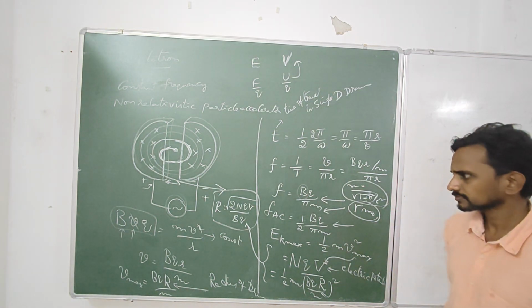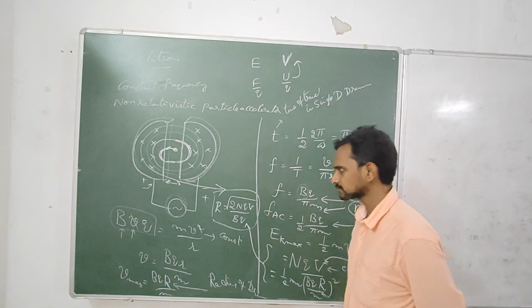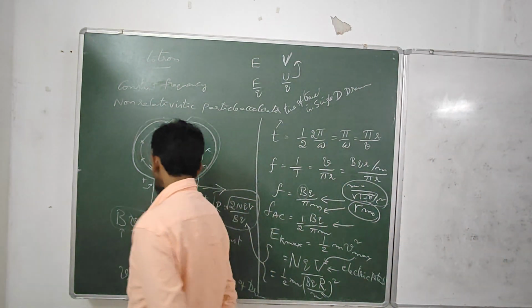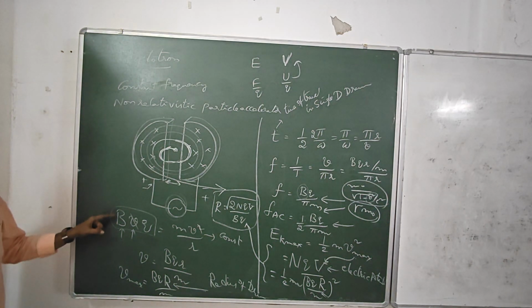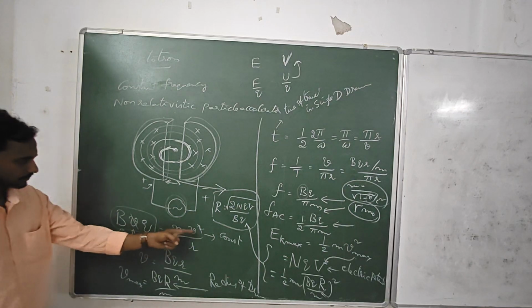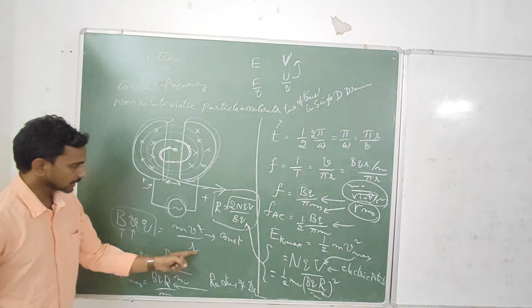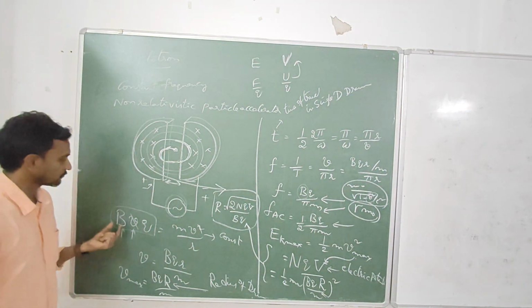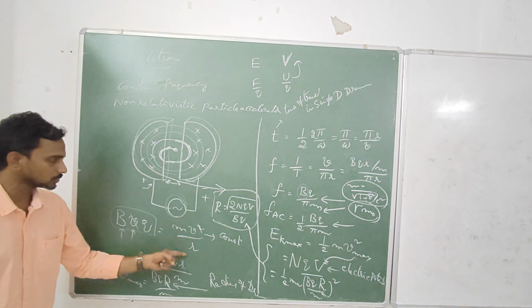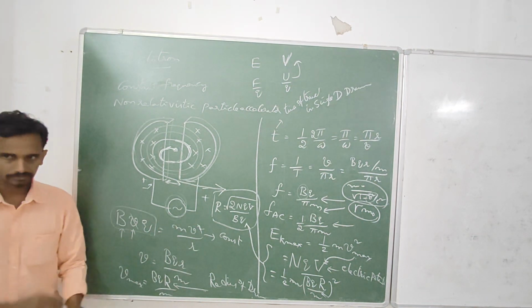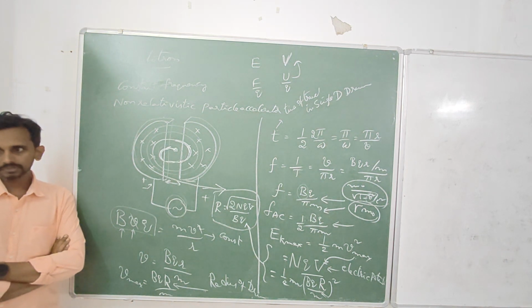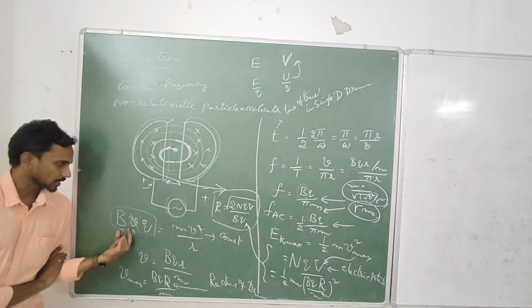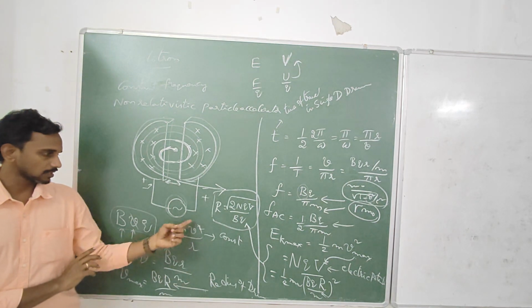How come? How is it possible? So if you raise the magnetic field, what is happening? For a fixed value of magnetic field, the ratio of V by R is a constant. You understand that?